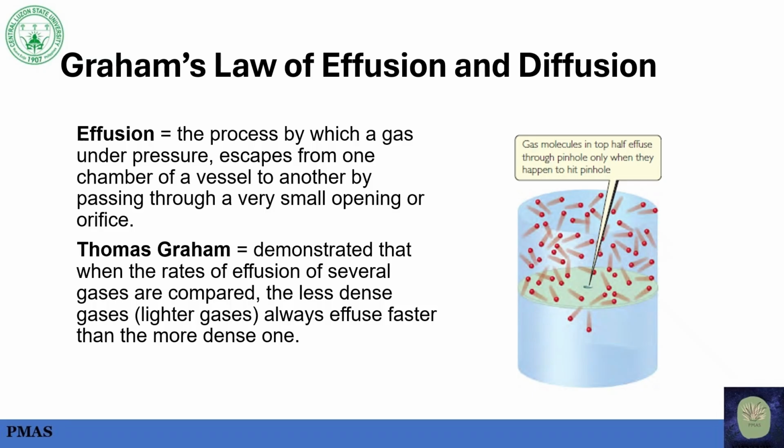This method by Graham demonstrated that when the rates of effusion of several gases are compared, the less dense or lighter gas always effuses faster than the more dense one. So the lighter gases effuse faster than the denser ones. Mas mabilis yung mga magaan kumpara dun sa mabibigat.